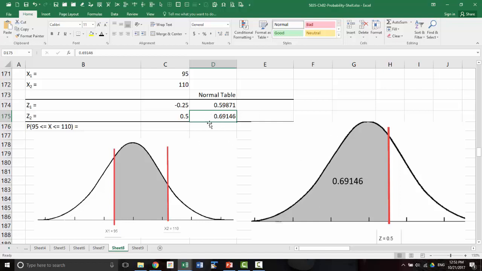This is the area that we want, but what does the table give you? When you drop the negative sign, you are finding a cumulative value on the right side. But what we want is this tail area. So this tail area is 1 minus that. So you have to go 1 minus that.